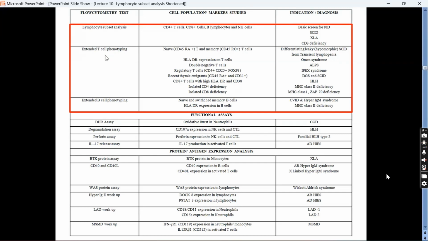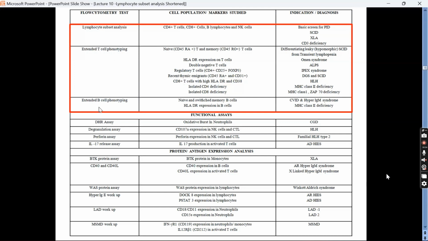Now, what is extended T cell phenotyping? Apart from just checking the T lymphocytes as CD4 and CD8, in every compartment, I'm going to check how many are naive cells, how many are central memory cells, how many are effector memory cells, and how many are terminally differentiated cells. So checking that is called extended T cell phenotyping.